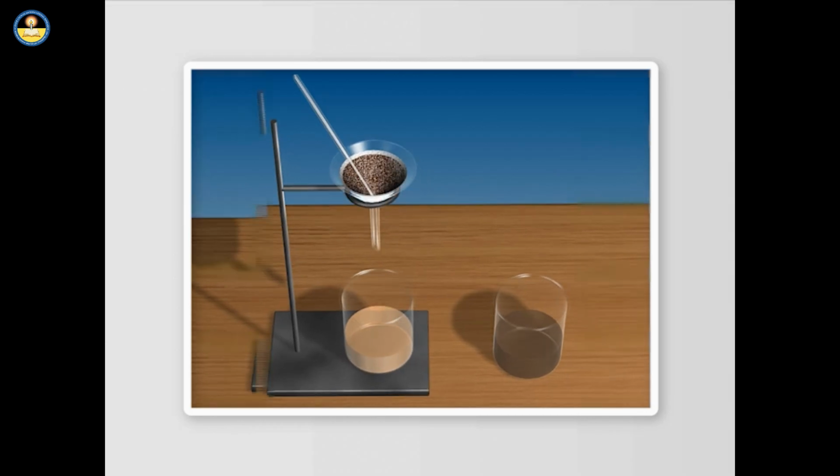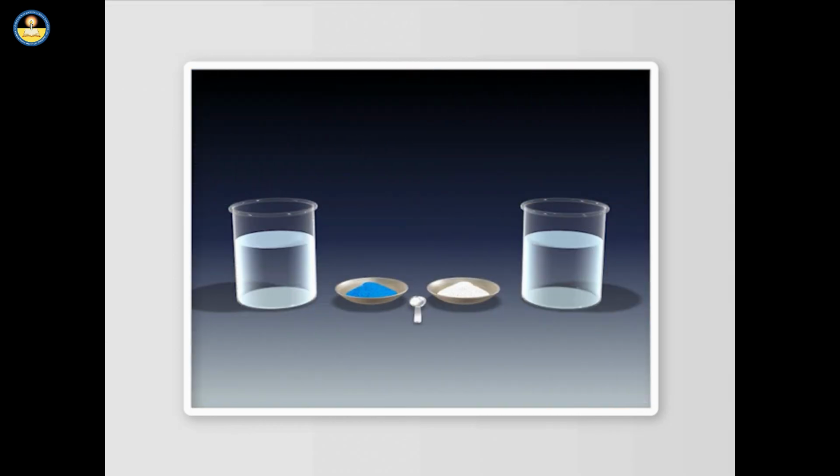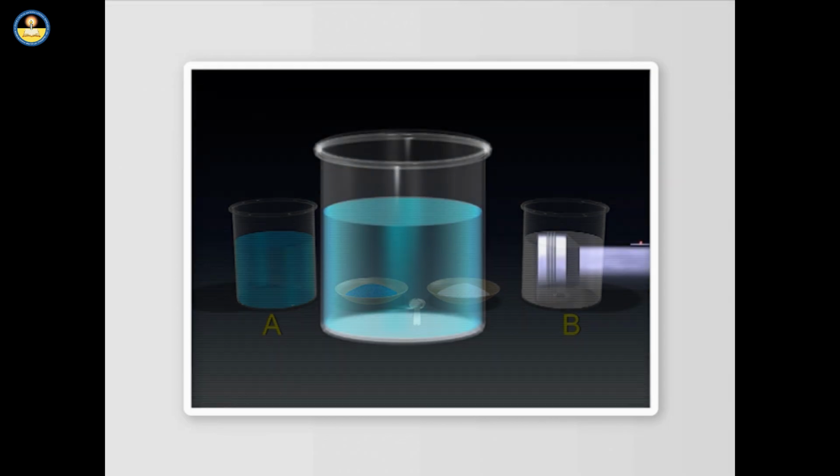We will now try to understand the difference between a solution and a suspension. We take water in two beakers labeled A and B. We add a spatula of copper sulfate crystals into beaker A and a spatula of chalk powder into beaker B. We then stir the contents of the beakers well and observe the appearance of the mixtures.